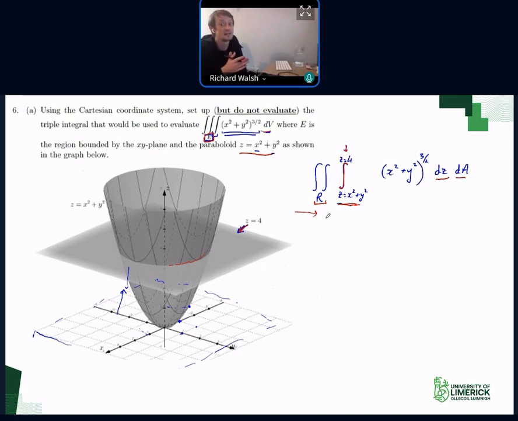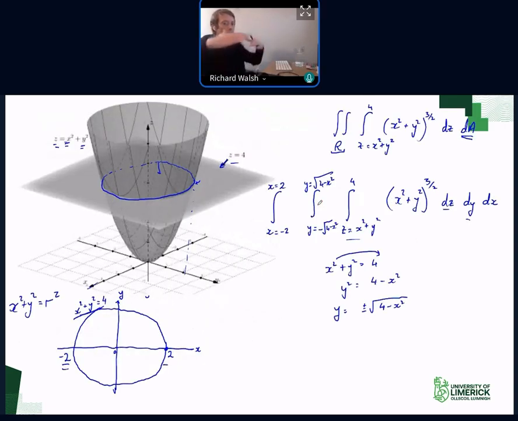So now I want the area element in terms of x and y, so dy dx or dx dy, whichever. And for this region, I'm going to have to work out the limits for both of those integrals. So we project E downwards onto the xy plane.